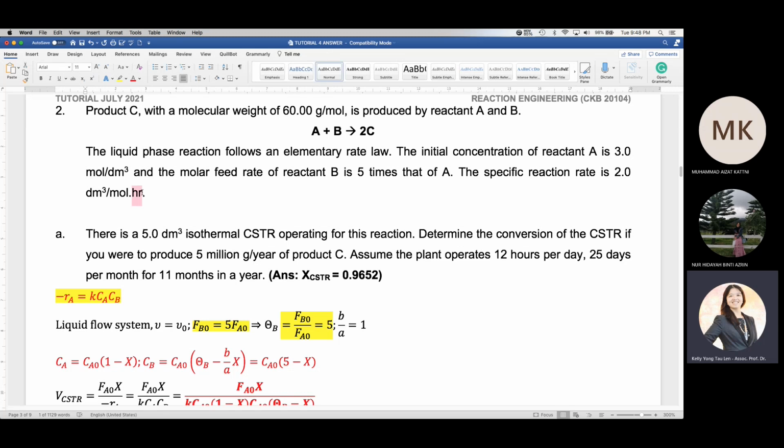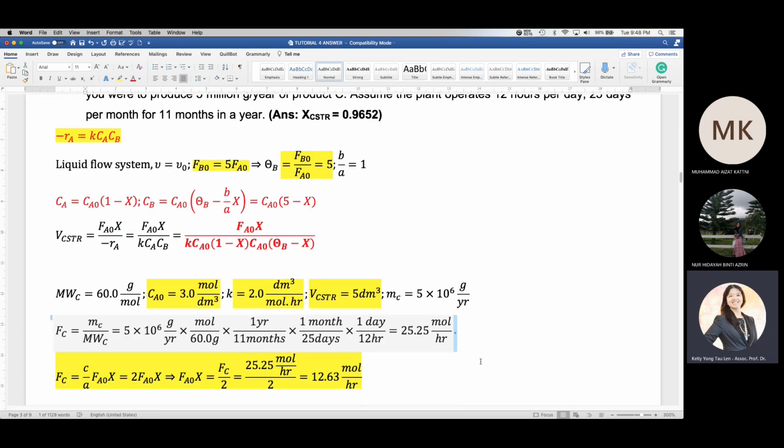So maksudnya, untuk make sure that unit time saya seragam, I must make sure that unit time dalam molar flow rate saya ni mesti hour juga. Maksudnya, nilai akhir FC saya must be in the form of mole per hour. So selagi saya tak dapat mole per hour, means my calculation is not accurate.